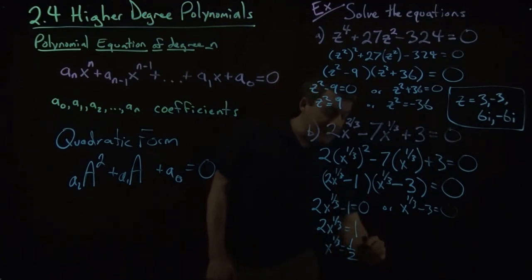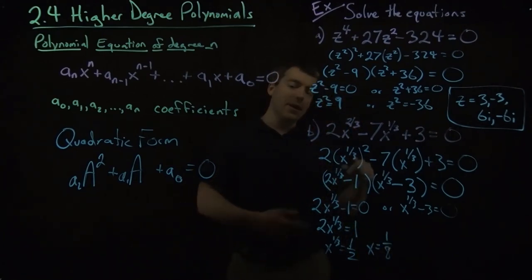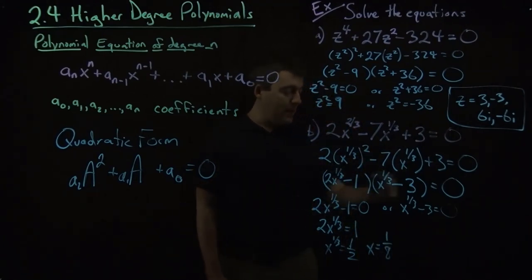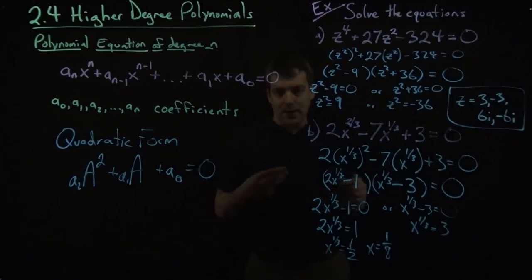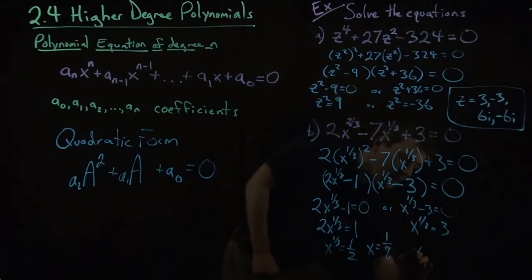So that means x is 1/8, which is 1/2 times 1/2 times 1/2. The other one here, we've got x to the 1/3 equals 3. Again, we need to cube it, so we take 3 times itself 3 times. 3 times 3 is 9, times 3 is 27. So x equals 27.